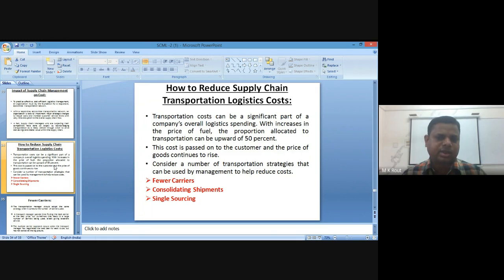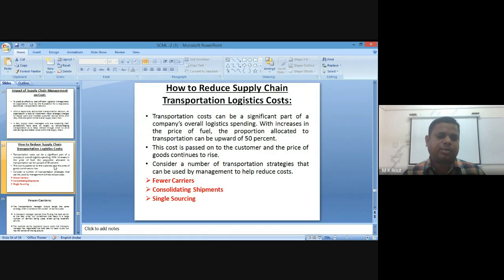With the increase in the price of fuel, nowadays we are already facing the price of diesel, petrol, or crude oil increasing day by day. In that case, the proportion allocated to transport can be upward of 50%. The next part is that the cost is passed on to the customer. The price of goods continues to rise. We have already faced that every product's price is raised day by day.